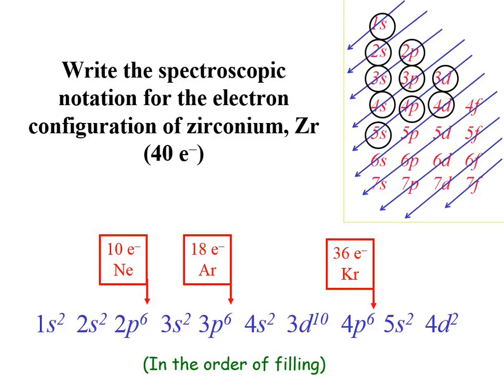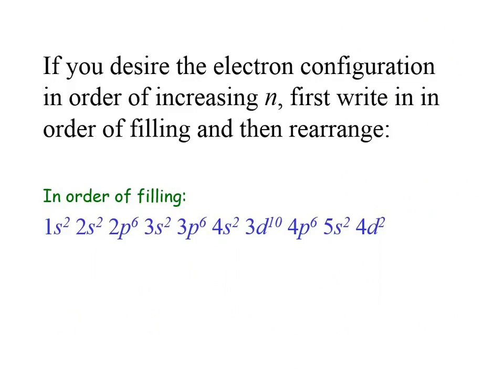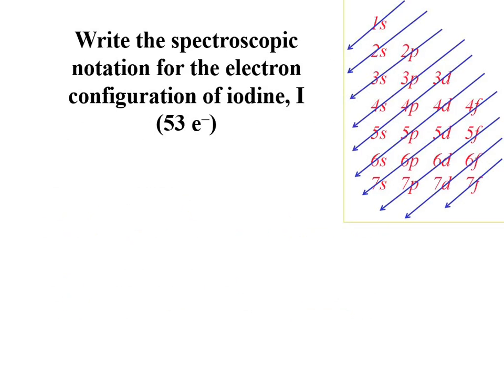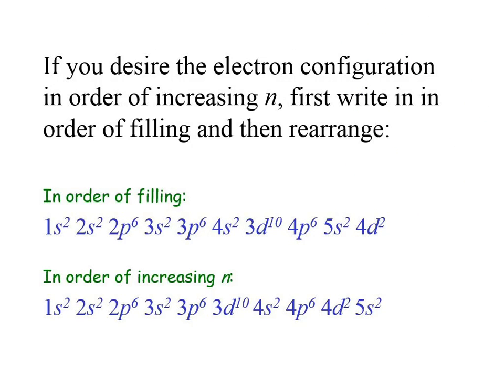Now, using the arrow diagram gets you what we call the order of filling, in increasing energy level. But sometimes it's helpful to unscramble them in the order of increasing principal energy level n. That is the difference between these 2 configurations.